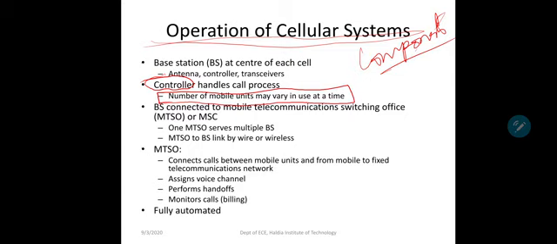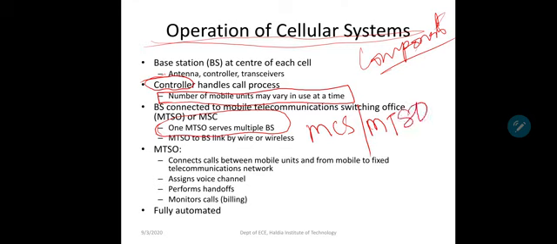At the same time, the base station connected to the mobile telecommunication switching office, MTSO or MSC, has the task to govern, operate, or monitor more than one BSC. That is, in one geographical location you can have one BSC, in another location another BSC, and all these BSCs are connected to the mobile switching center, MSC, which is sometimes also known as MTSO or mobile telecommunication switching office.